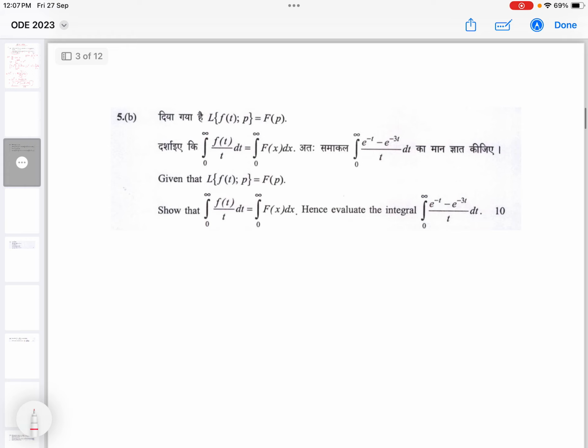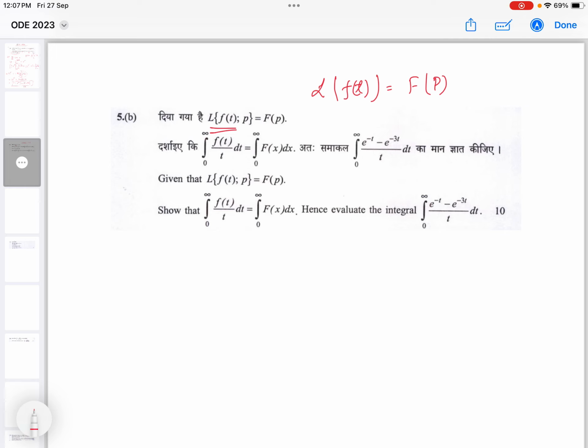So this is a problem from Laplace transform. The given here is that the Laplace transform of f of t is capital F of p.